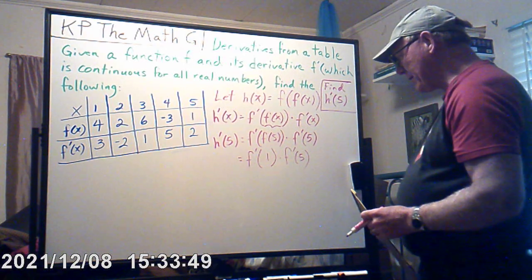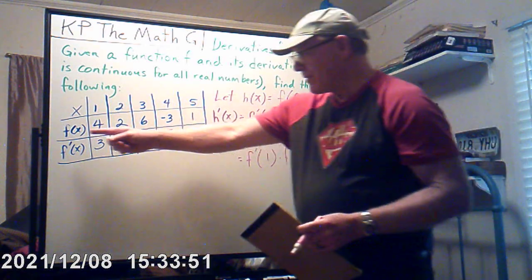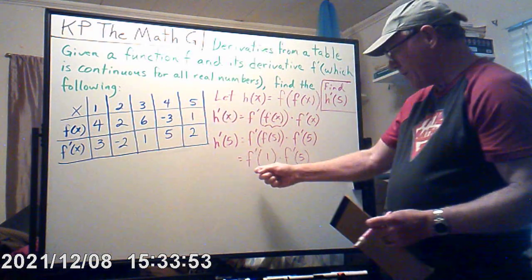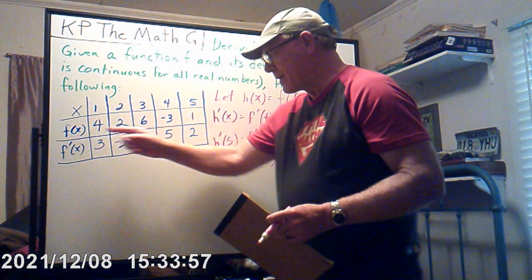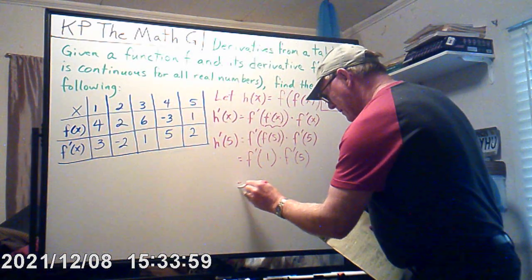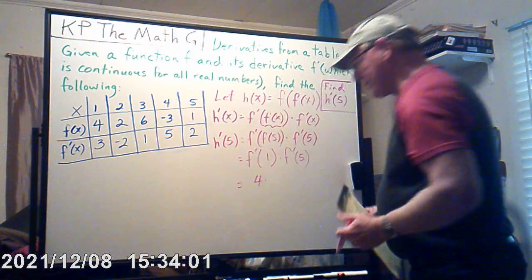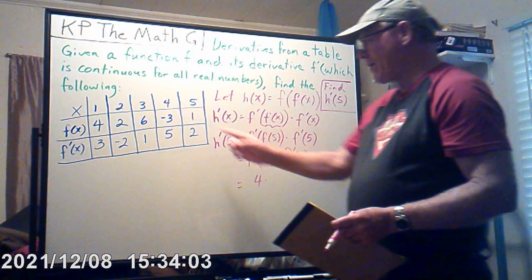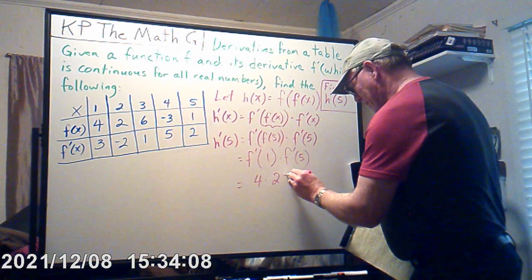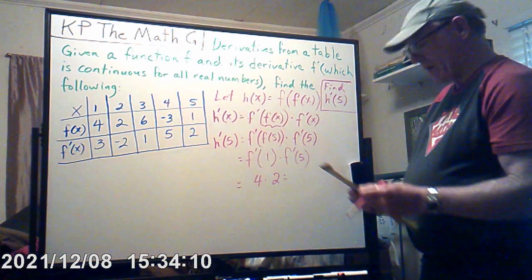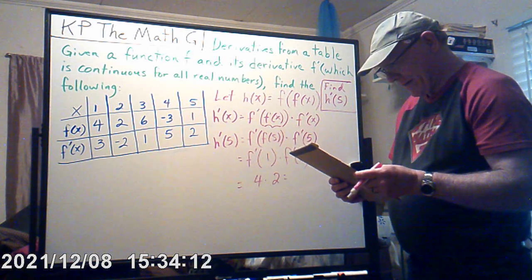F at 5 is 1, so f prime at 1 is 4, times f prime at 5 is 2. I do believe I have that correct.